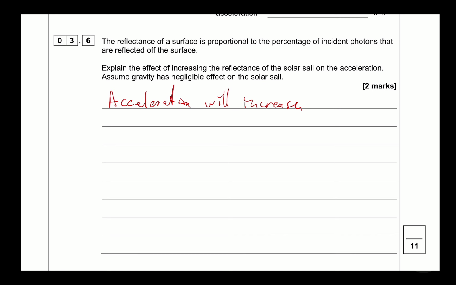Okay, and this is because the change in momentum will be greater. Okay, so if there's a greater change in momentum, that means that there must be a greater force being exerted. So if there's a greater force being exerted, again, this is equal and opposite, this is Newton's third law. It's the way that it works.